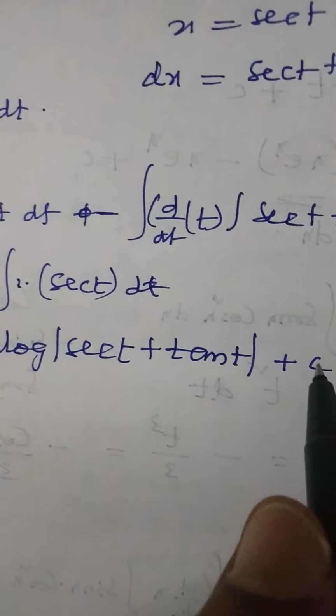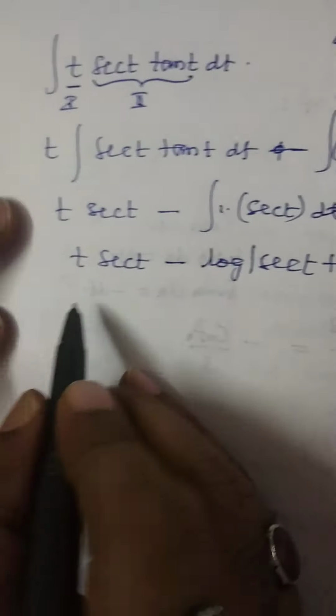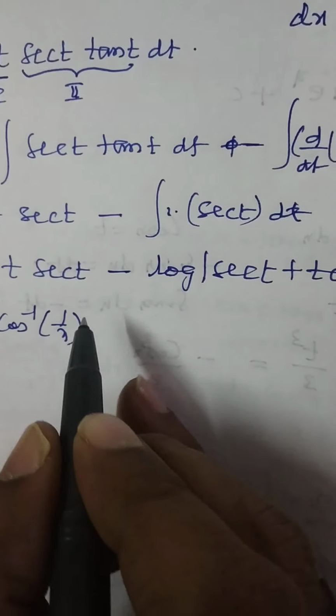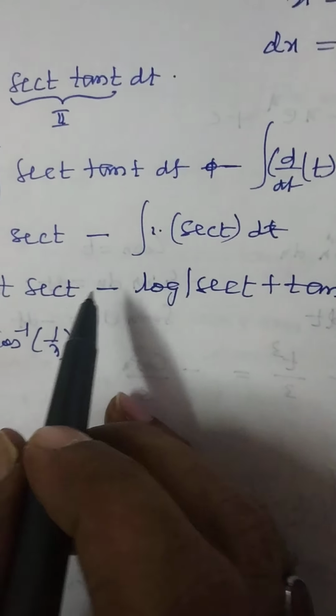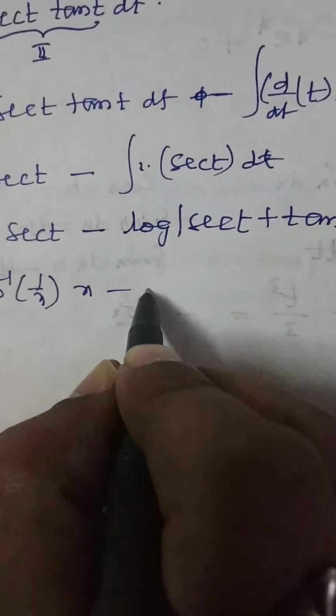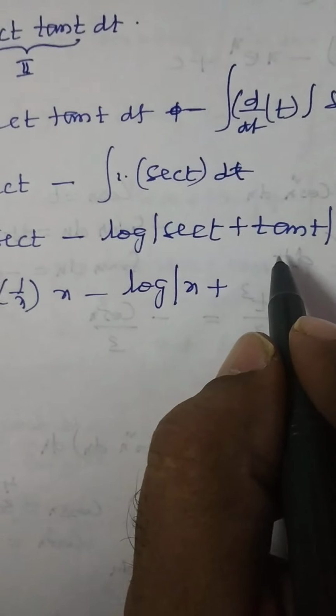After simplification we need to substitute the formulas here. So what is t we had assumed? Cos inverse of x. So cos inverse of 1 by x, cos inverse of 1 by x into secant t. If you observe, what is the value of secant t here? Secant t is equal to x we have, minus log of x plus what is the value of tan t?